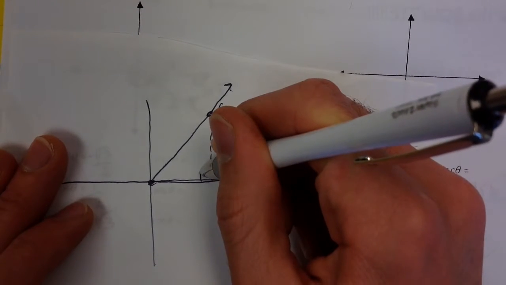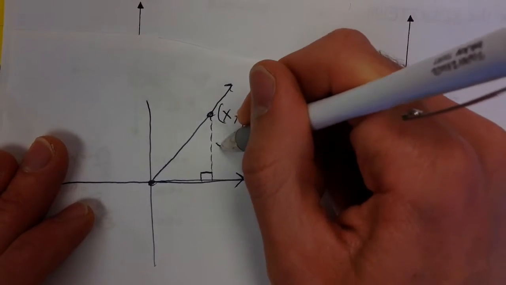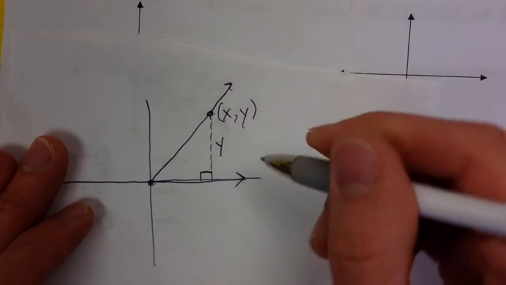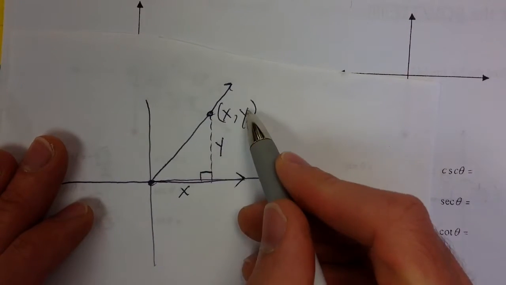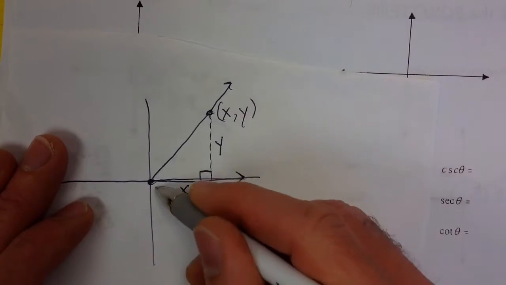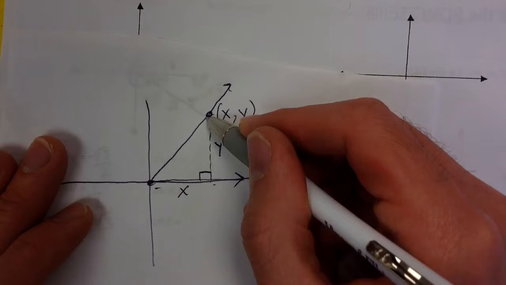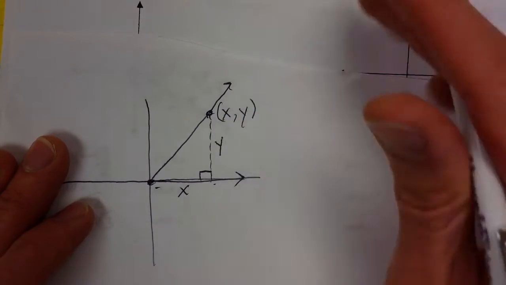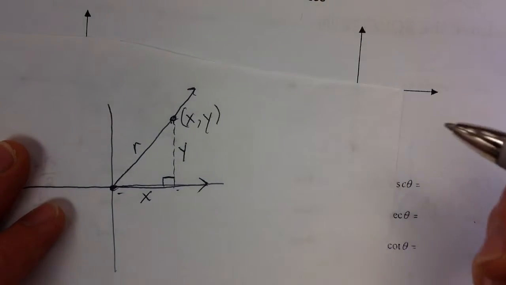So if you drop an altitude, form a right angle. This is going to be y. This is going to be x. Hopefully that makes sense to you. That if the coordinates here are x, y, then this is y, this is x. This is the hypotenuse. You use the Pythagorean theorem to find it. Let's call it r.